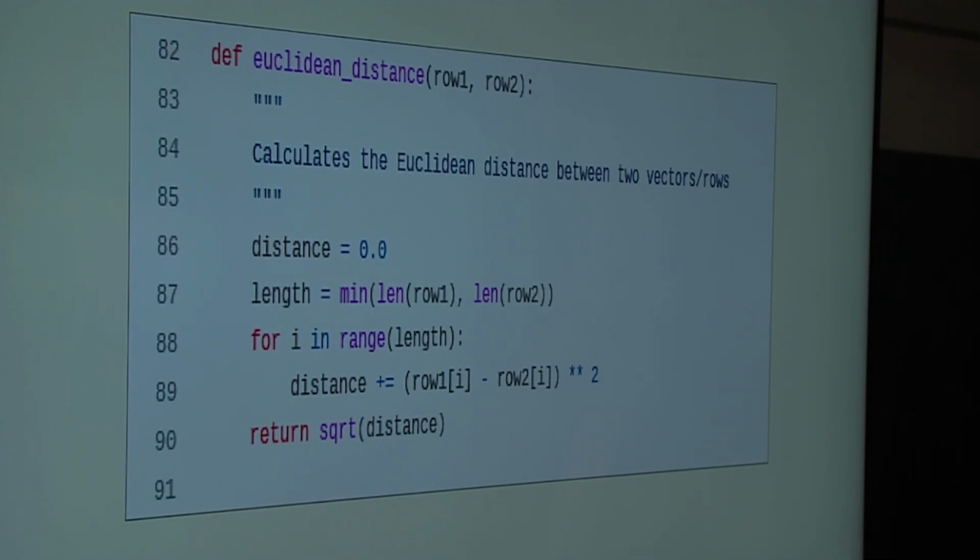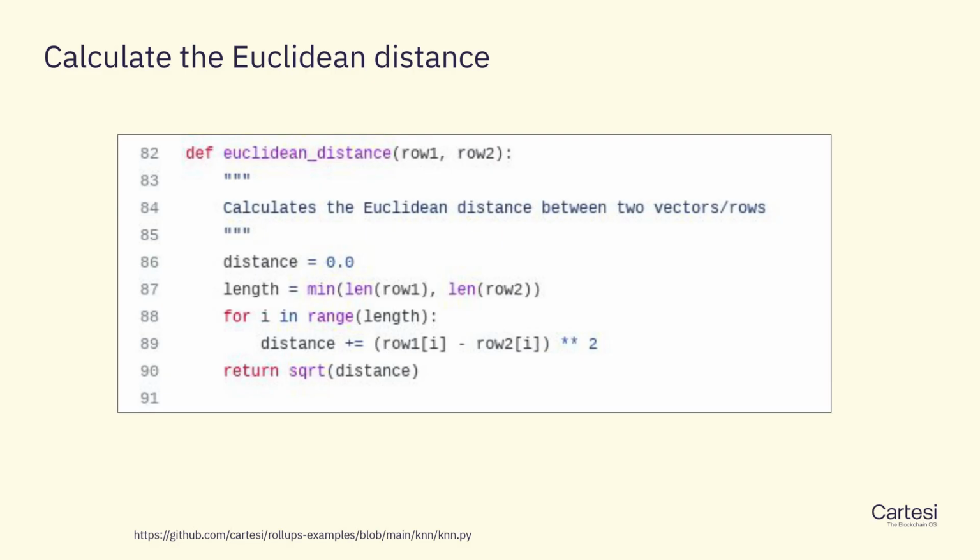The function is a Python function that you can easily write, using the whole expression for the Euclidean distance. When we want to compare the similarities of two samples, it will receive these two samples to calculate the distance.